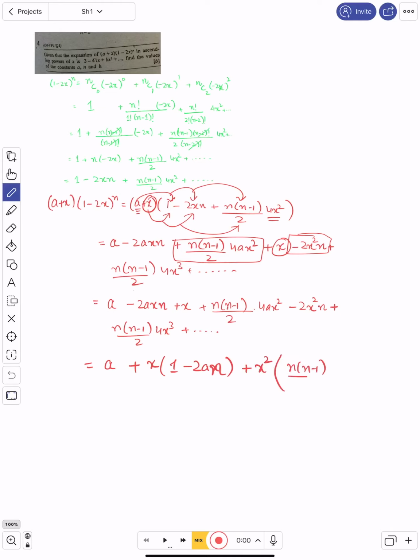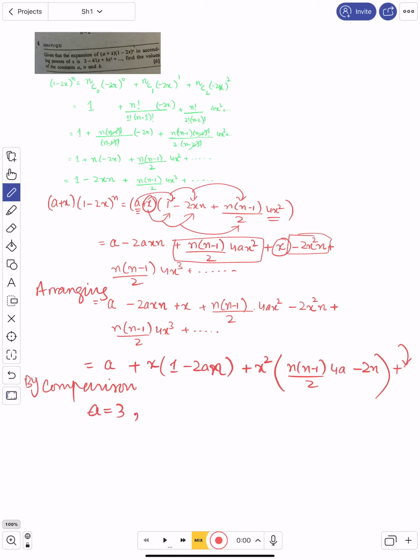Now comparison, here arranging. Okay, their coefficient is 3 and our coefficient is a, so a will be 3. By comparison, a will be 3.